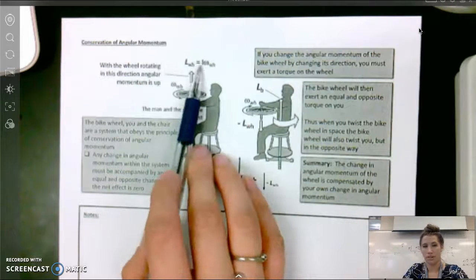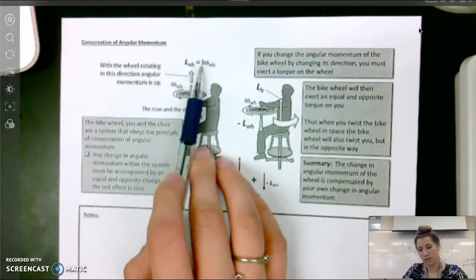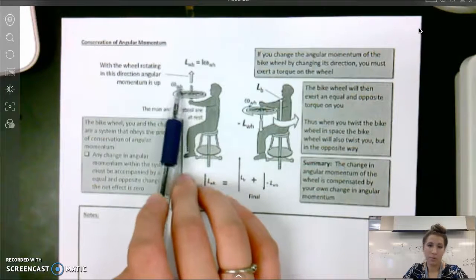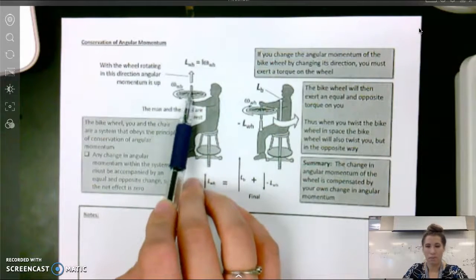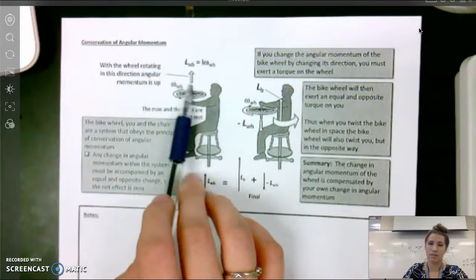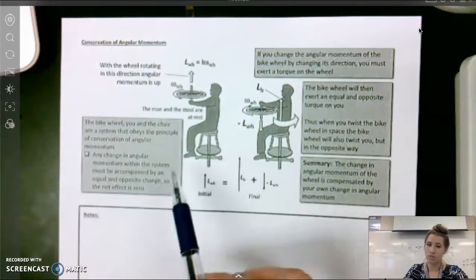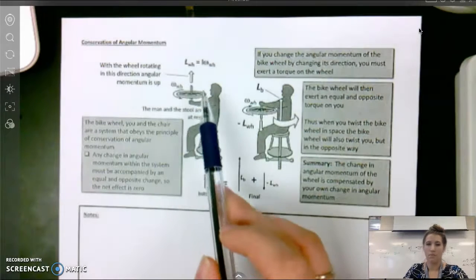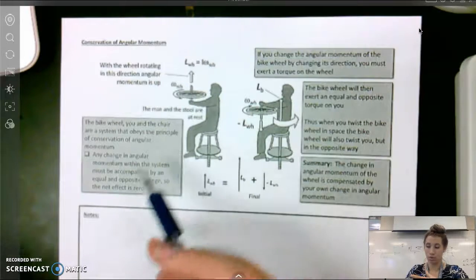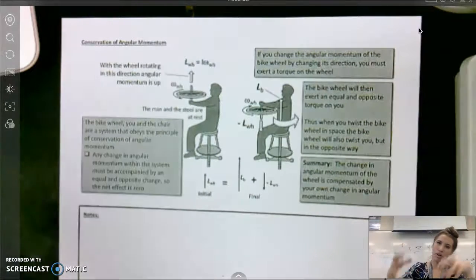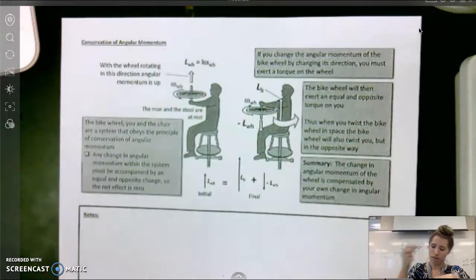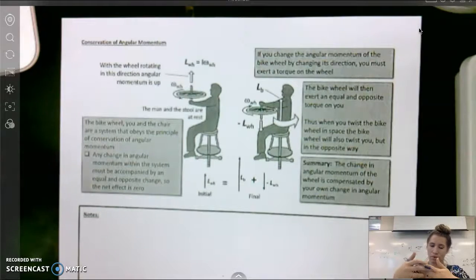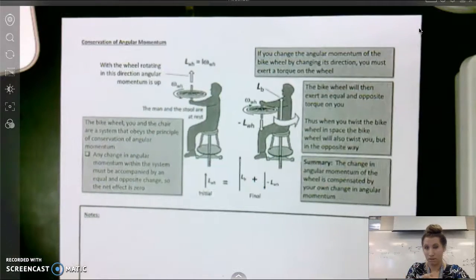And it also has a moment of inertia, as angular inertia, and we talked about using the right hand rule to show that the momentum is going up, right? If you then exert a torque onto this wheel, meaning that you turn it around, right? You cause rotation of that wheel, then an equal and opposite torque will react on you.